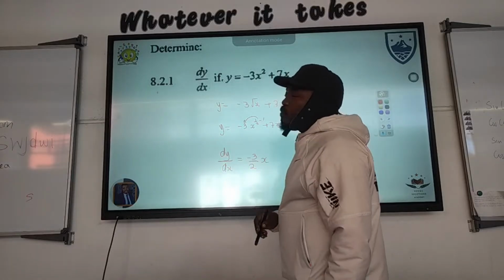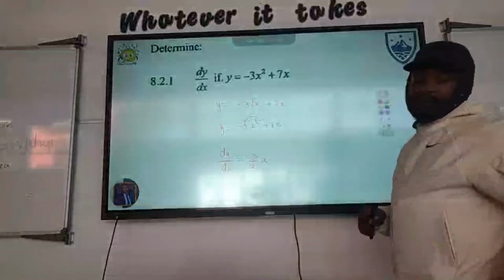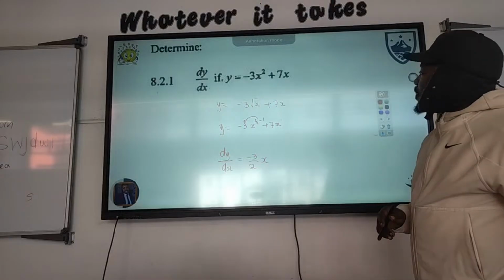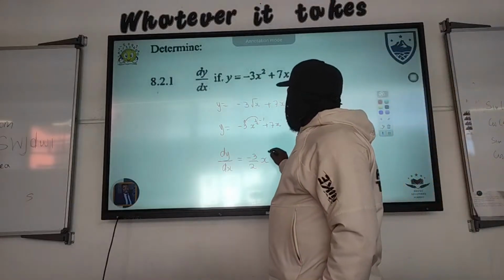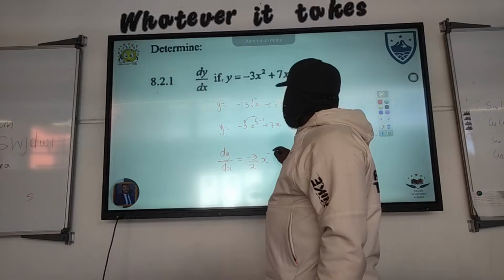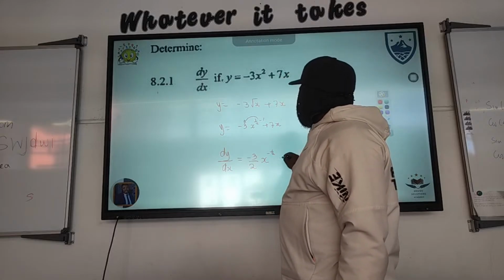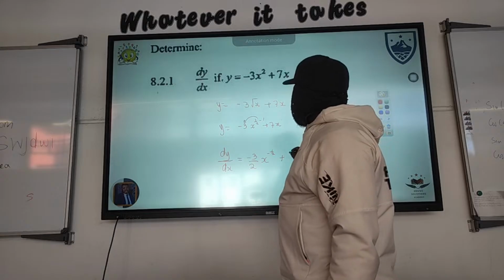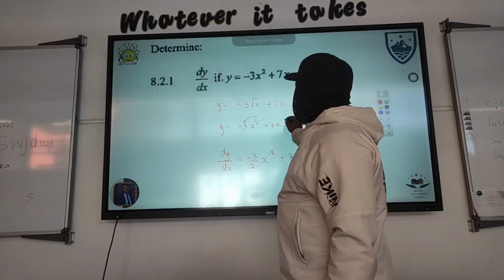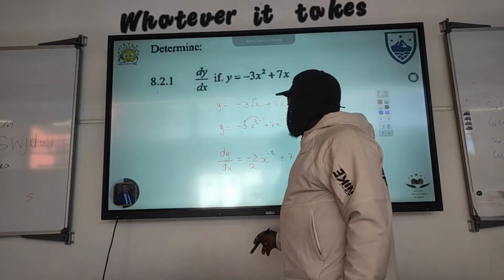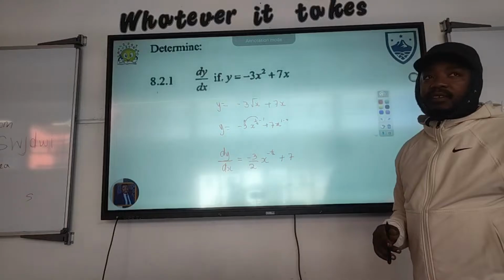Remember, we have to subtract 1 after multiplying the power by the coefficient. We need to subtract 1, and then this will give us a -1/2. And then this will simply give us 1 times 7 will just give 7. Then 1 minus 0 will be x to the power of 0, which is 1. So our dy dx is the same as that.